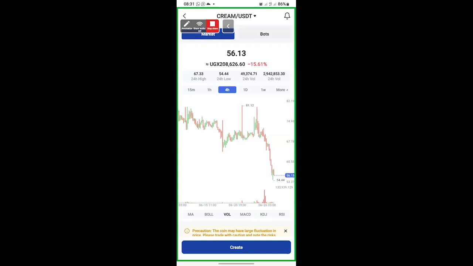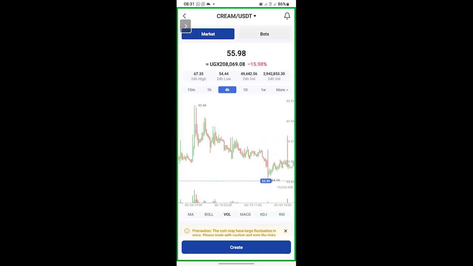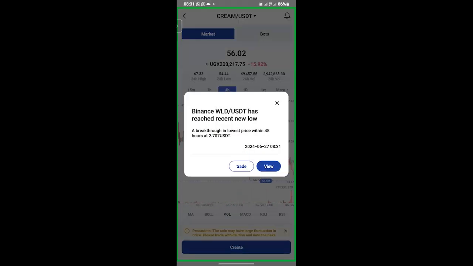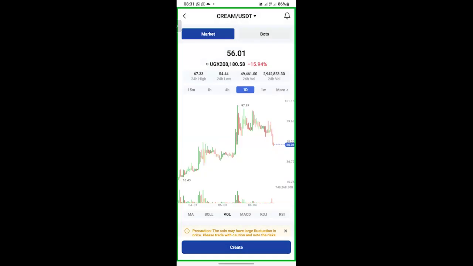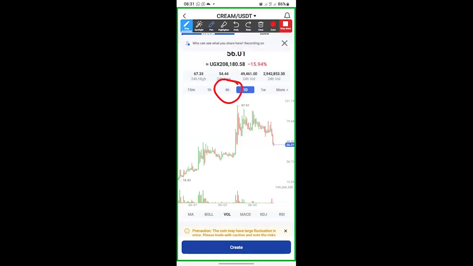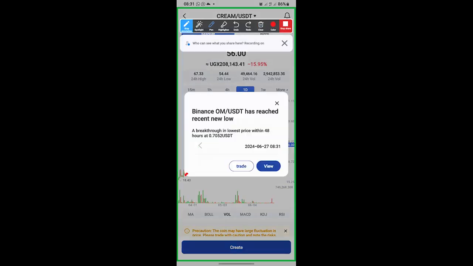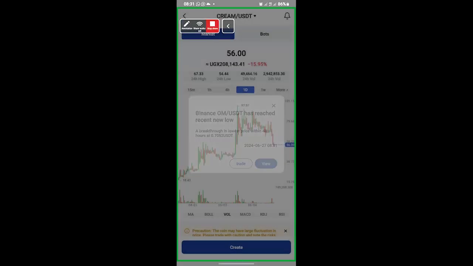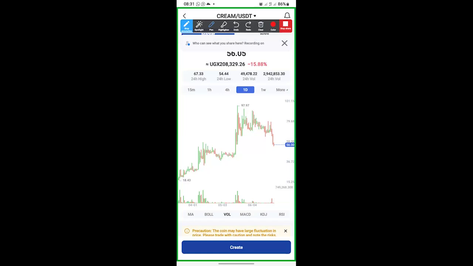Okay. So with 4-hour time frame, you look at the trend, how this coin has been performing. You can even go ahead and put it on 1-day time frame. You see how it has been performing. You see that we've been having an upward trend here.